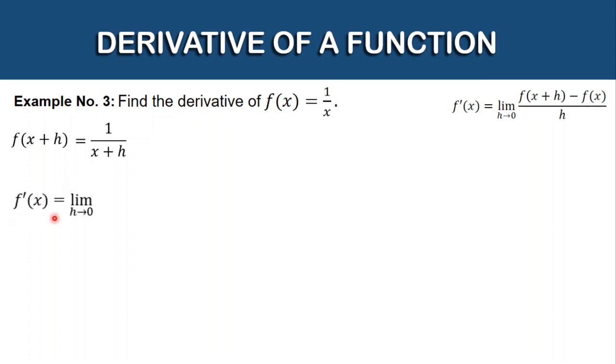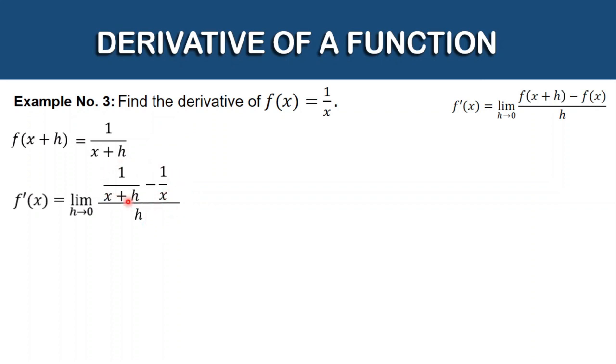So, the first derivative of our function f of x is equal to the limit of 1 over x plus h minus 1 over x. So, this is our f of x here. All over h. And if you encounter complex fractions like this, multiply lang natin yung numerator natin. Ito yung numerator natin.